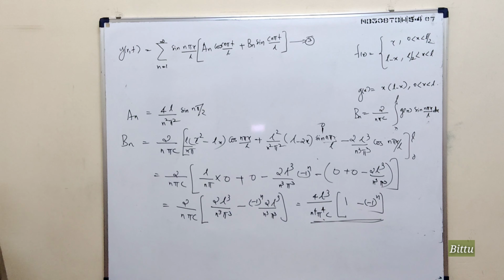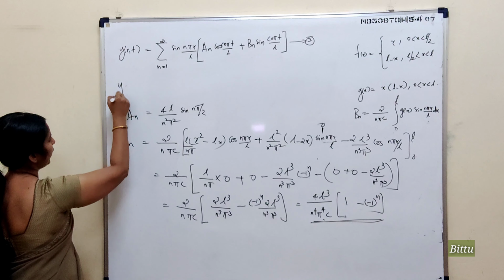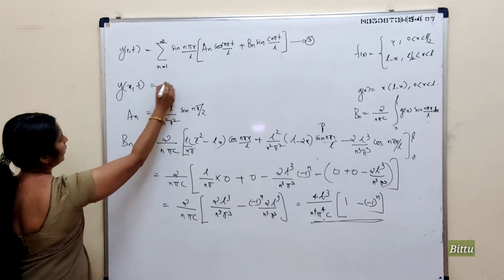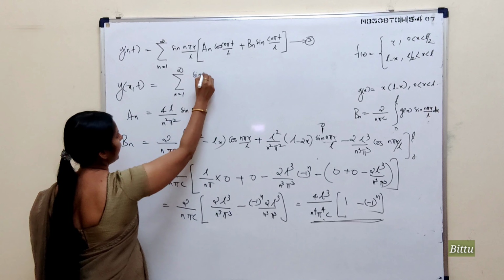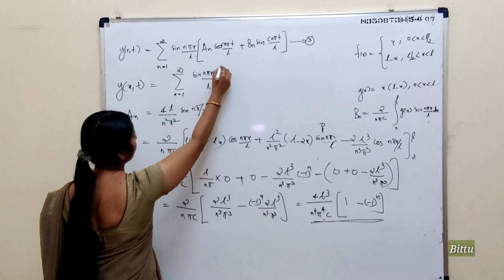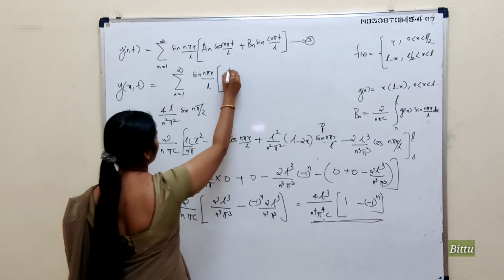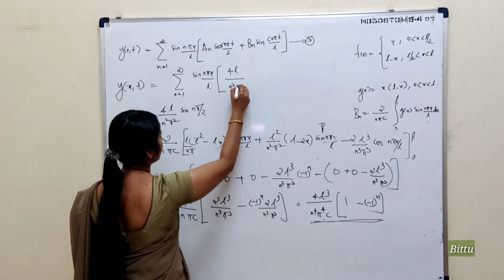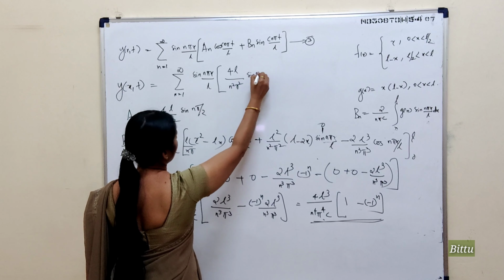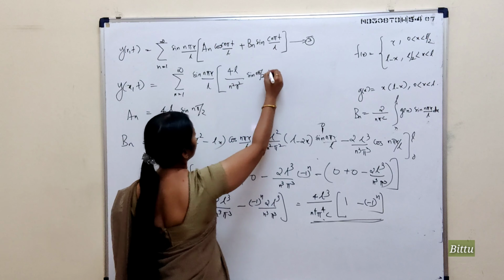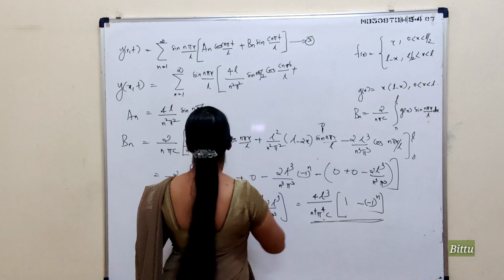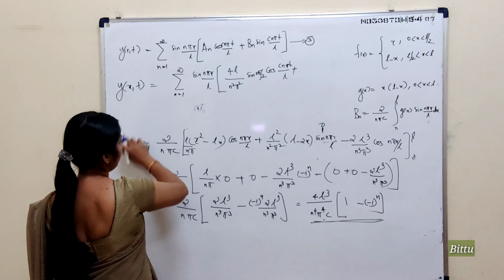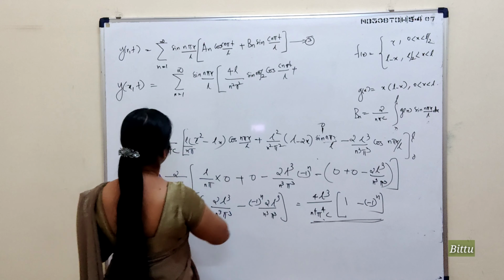You put these values in equation number 3. So y of x,t is sigma n equals 1 to infinity sin n pi x by L. An is 4L by n square pi square sin n pi by 2, times cos c n pi t by L, plus. What is our Bn? You simply put An and Bn here.